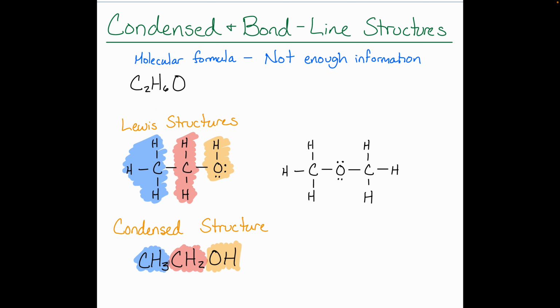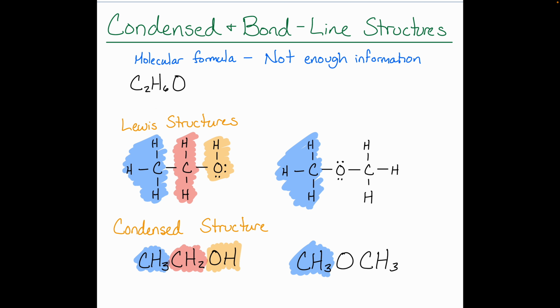All right, let's move on to the next one, because again, our condensed structure should uniquely point to a molecule. So we're not going to be able to use this same condensed structure to match both molecules. For this one over here, our condensed structure would be CH3, now we have the O next in line, followed by that last unit, another CH3. Just to see how these match up, we have a carbon with 3 hydrogens bound, that's our first CH3.